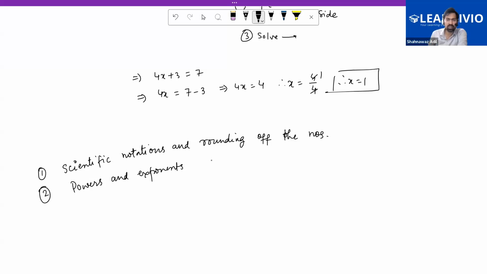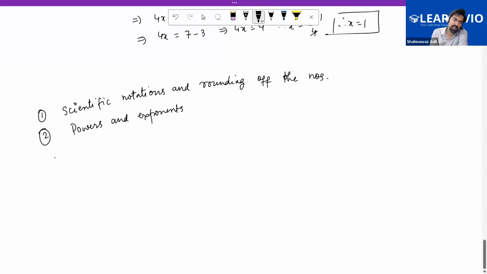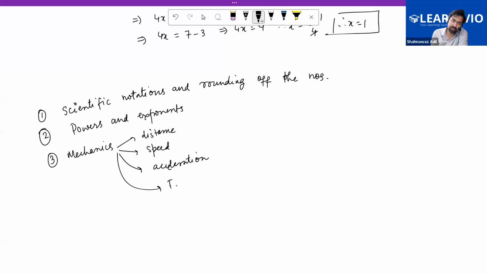And in the last part, I will talk about mechanics: distance, speed, acceleration, force, and work. All these things I will be talking about.